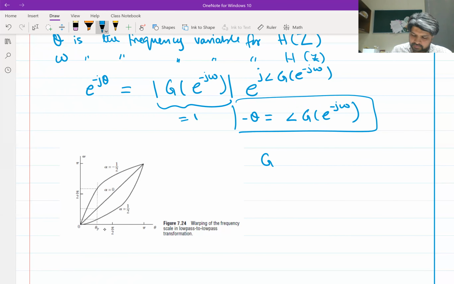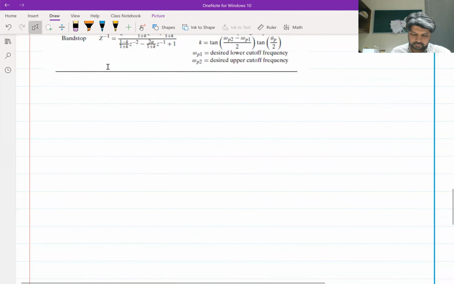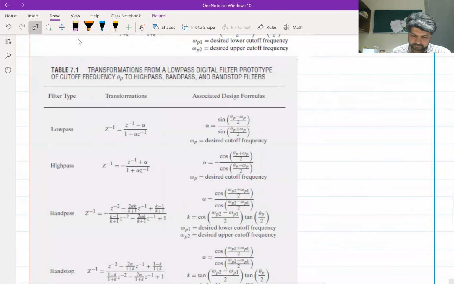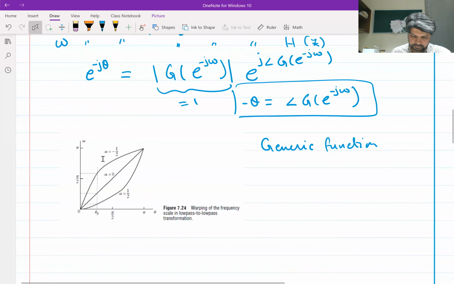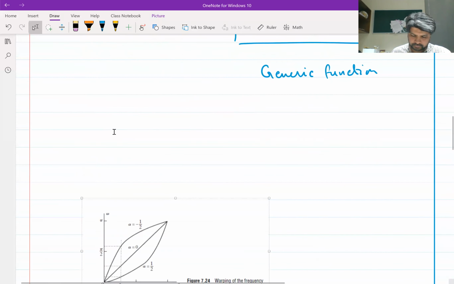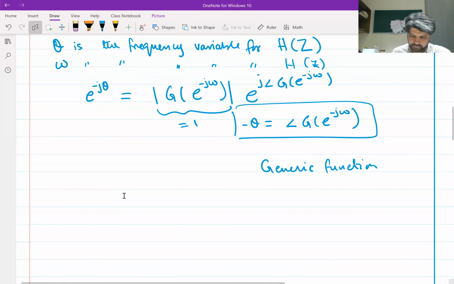So a generic function, if you want to write, is, let me take this further down. My estimate of the writing is not accurate.